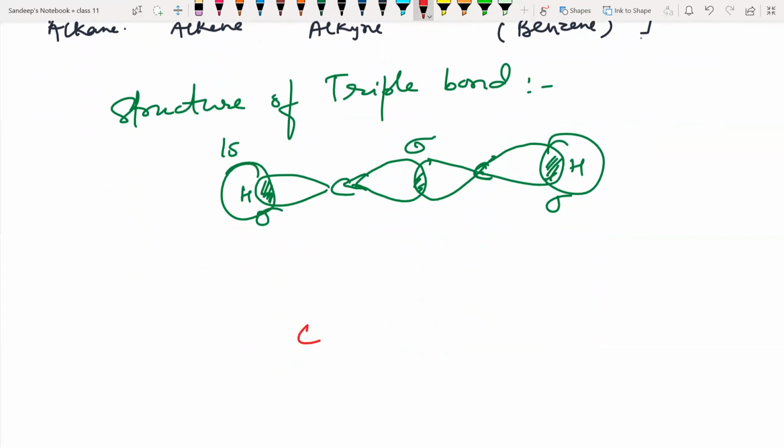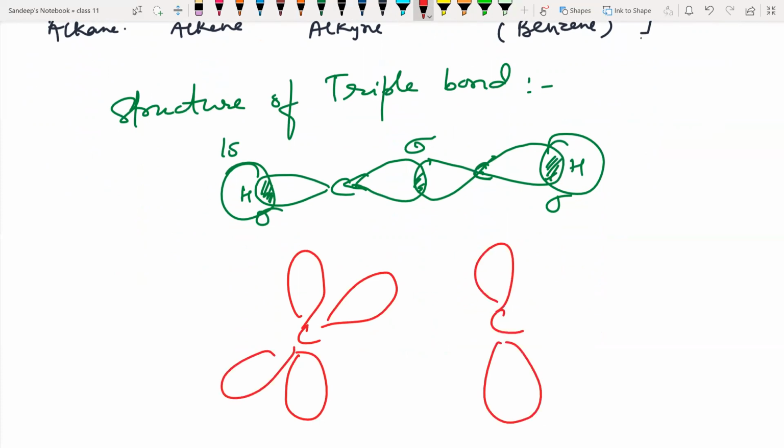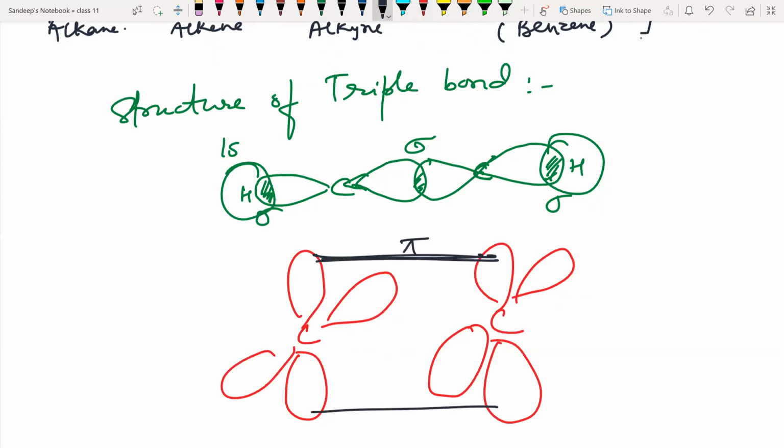So if you see carbon, this is the orbital. So what happens? These two overlaps give rise to pi. And then these overlaps, this is also pi.